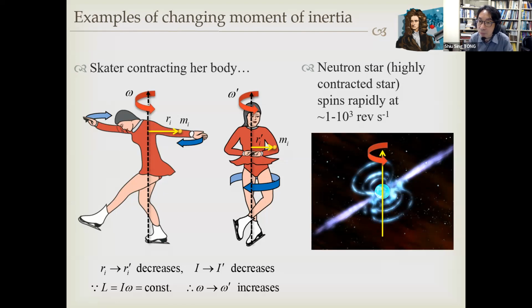And typically, a neutron star, which is a highly contracted star, will spin very rapidly, at the rate of several revolutions to 1,000 revolutions per second. And because of such a high contraction, it concentrates the magnetic field. So in the neutron star, you have a super strong magnetic field, and the electrons, because they spiral around this strong magnetic field, will emit the so-called synchrotron radiation.